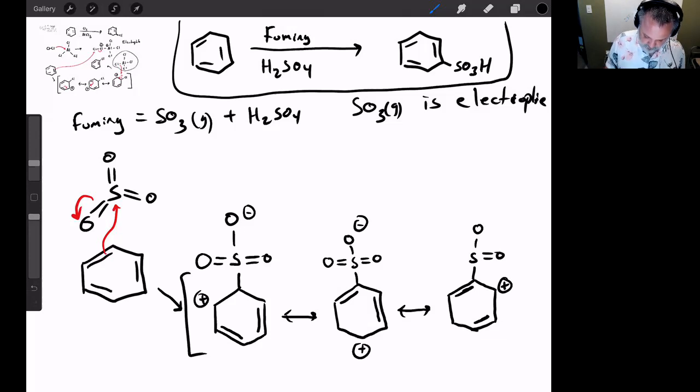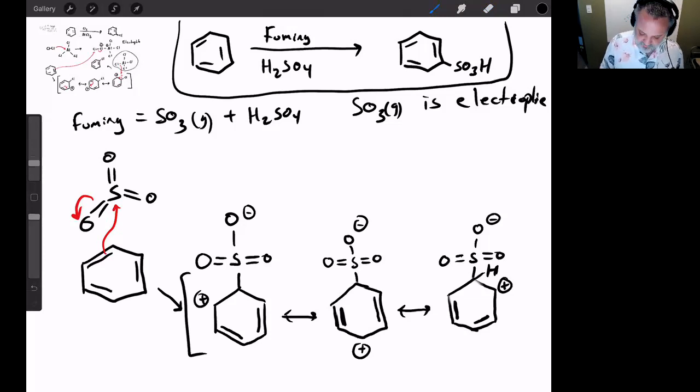Let me make sure I'm doing this correctly. Yep, that's where I messed up. It's right here. This bond should be here. That bond should be there. Now we got it. Negatively charged. And remember, there's still a hydrogen here.